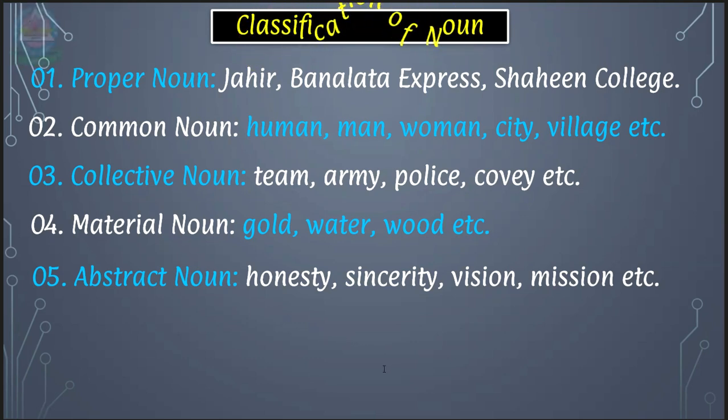So the nouns that cannot be seen, cannot be shown, cannot be displayed, are invisible, but you can feel the existence of something. This type of noun is an abstract noun.